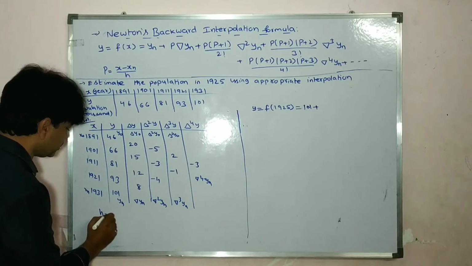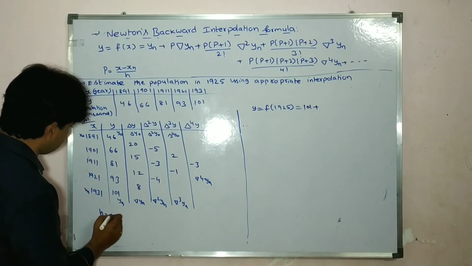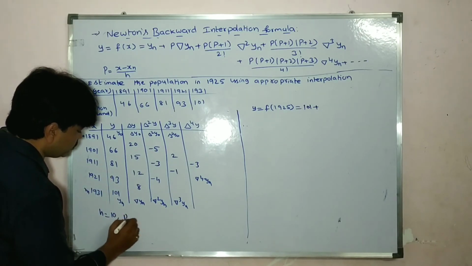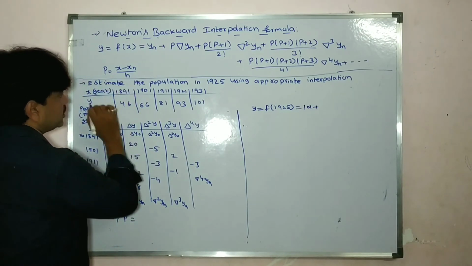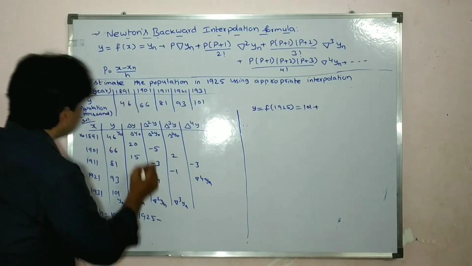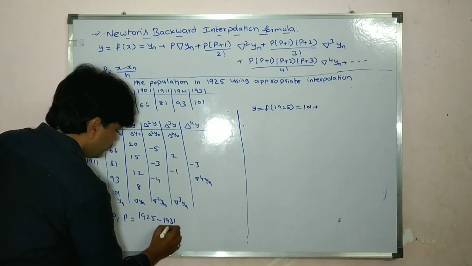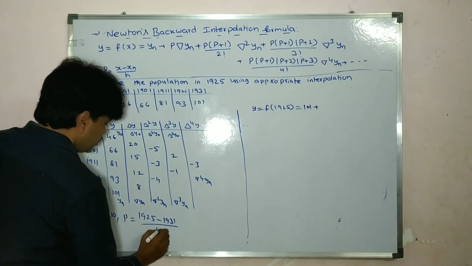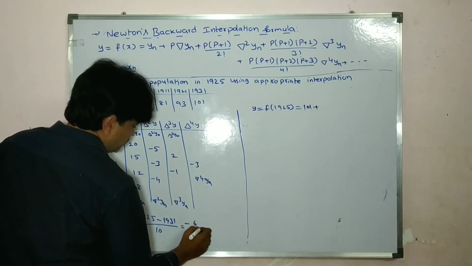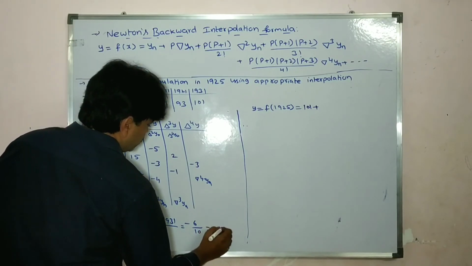H is the difference between 1891 and 1901, which is 10. What is the p value? P is x, 1925, minus the xn value, 1931, divided by the h value, 10. So that is minus 6 by 10, which equals minus 0.6.